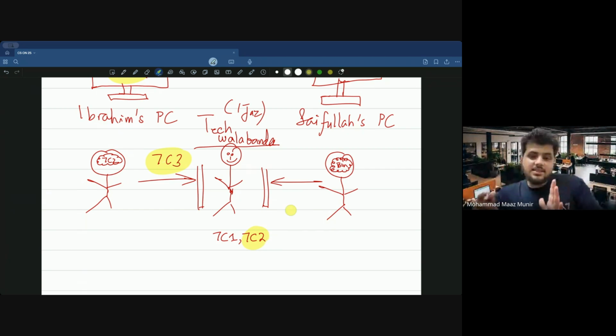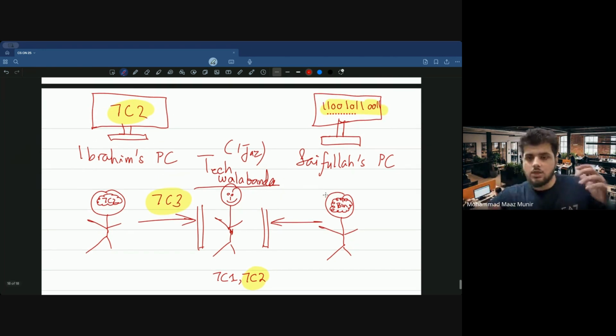At the same time, it's Saifullah's turn. He goes to Ijaz, the tech guy, and tells him, I opened up my computer, I woke up, had a great breakfast, and just went to turn on my PC, and then a large number like 1100 appeared.